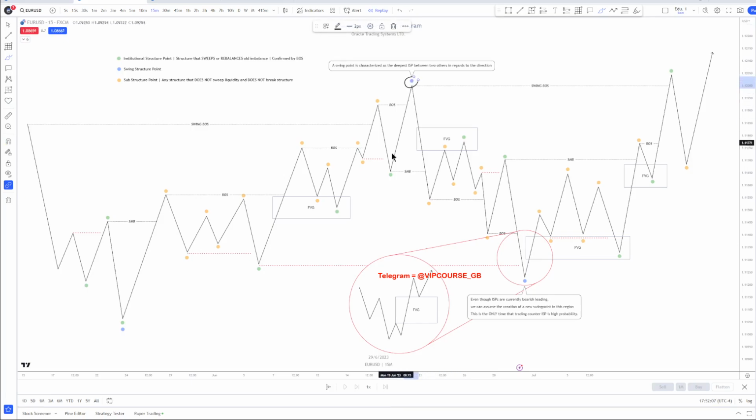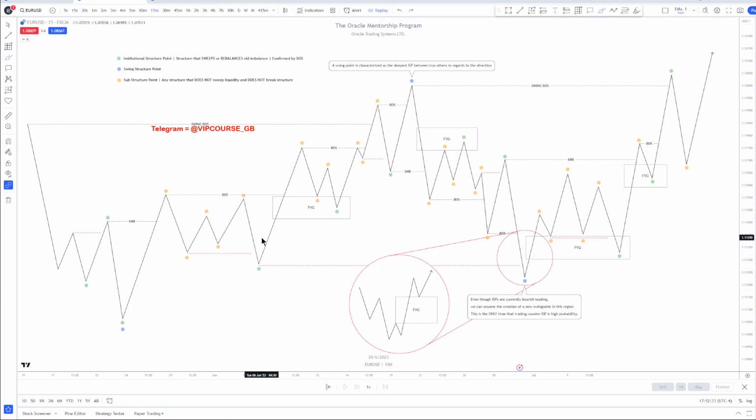Right? So up until we've had a break and a production of a new ISP on the right, then we have one on the left. Now we can affirm that swing structure has finished development and we can start a pullback phase to produce a new swing structure point.